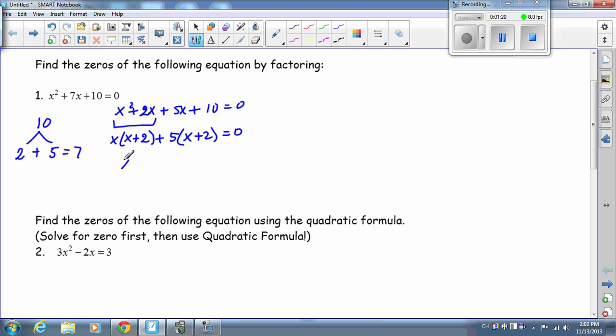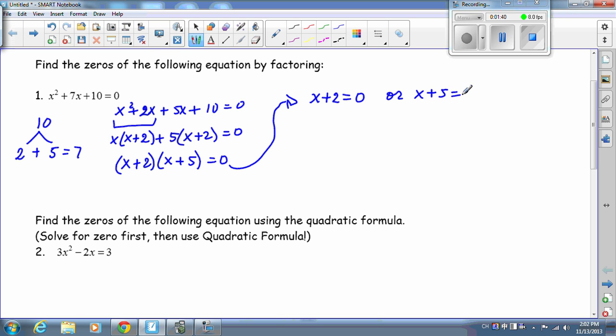At this point, I know I can factor it as x plus 2 times x plus 5 is equal to 0. I can say x plus 2 is equal to 0 or x plus 5 is equal to 0.